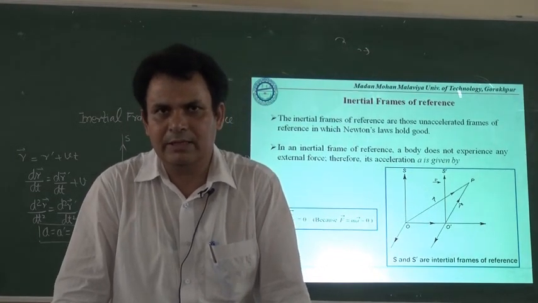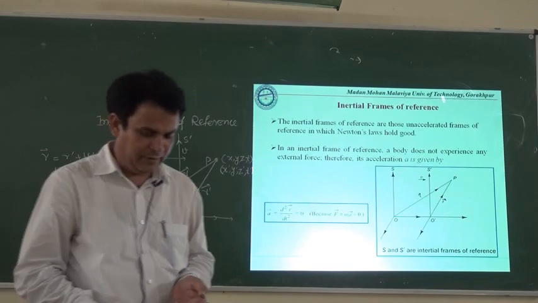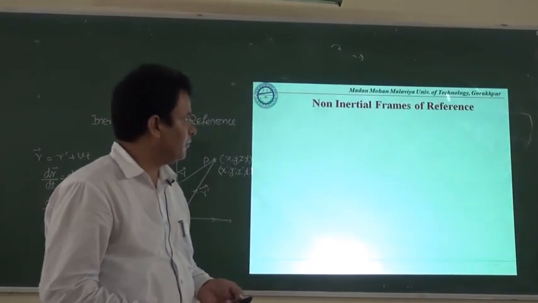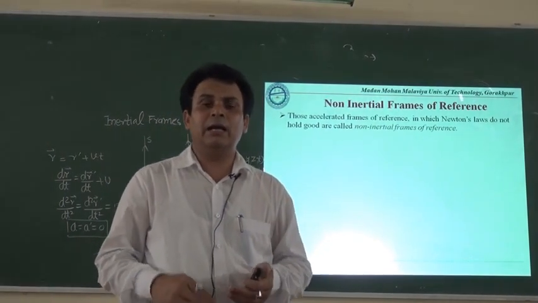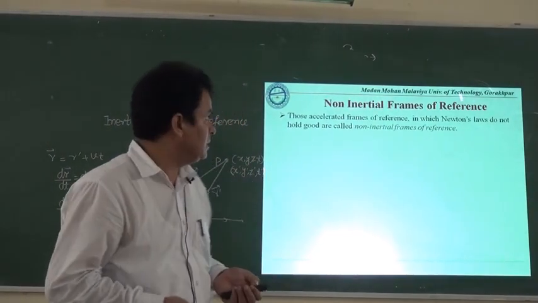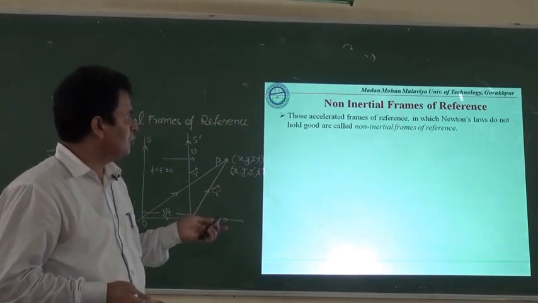Now let us have the second type of frame of reference, that is the non-inertial frame of reference. This is an accelerated frame of reference in which Newton's laws do not hold good.